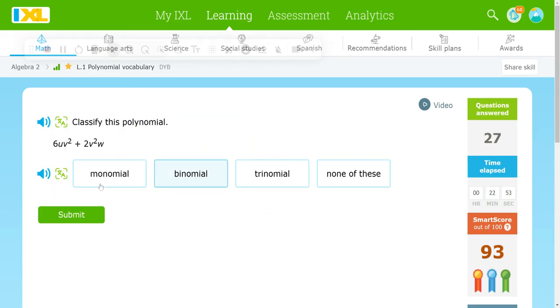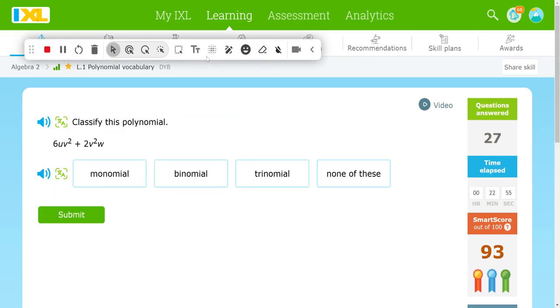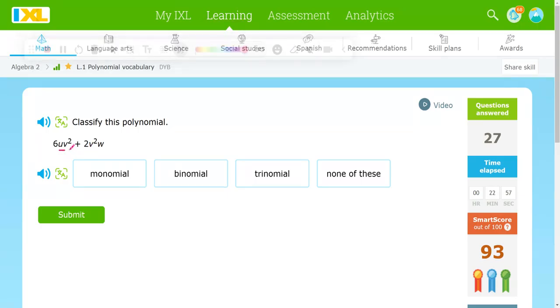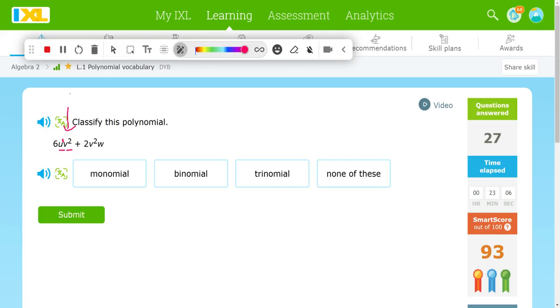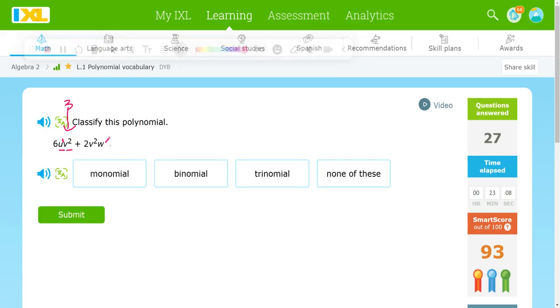Now you have two variables, U and V. You see U right here, it means power 1. So you add the power together, so 1 plus 2 becomes 3. Now this one is V power 2 and W by itself, so W means power 1.